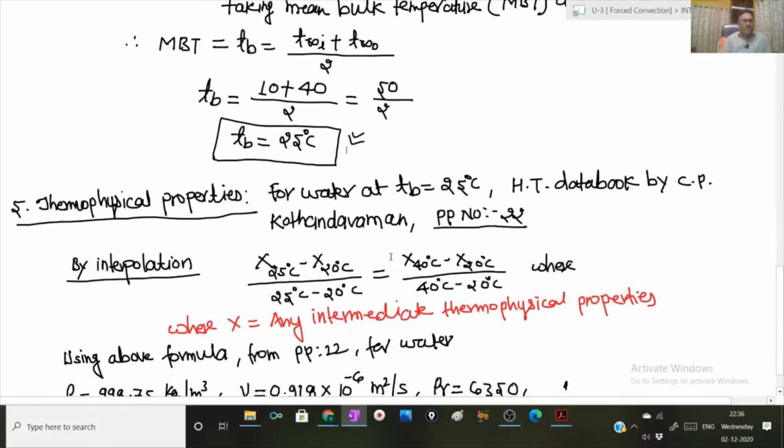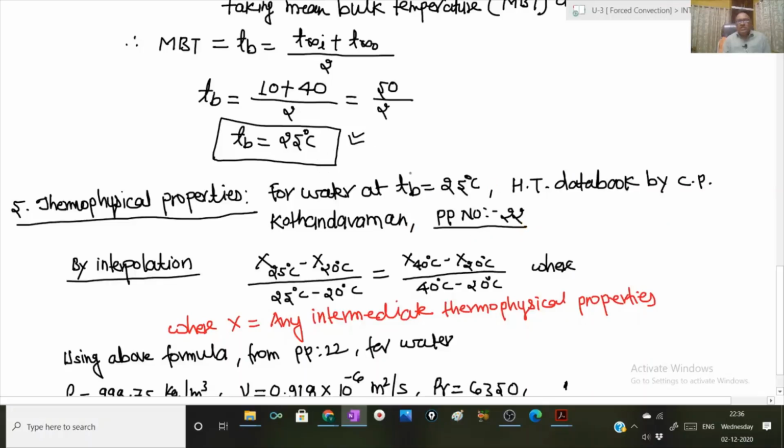After finding out the mean bulk temperature, let us find out the thermophysical properties. Thermophysical properties for water at mean bulk temperature of 25 degrees Celsius can be found from Heat Transfer Data Book by C.P. Kothandaraman, page number 22.